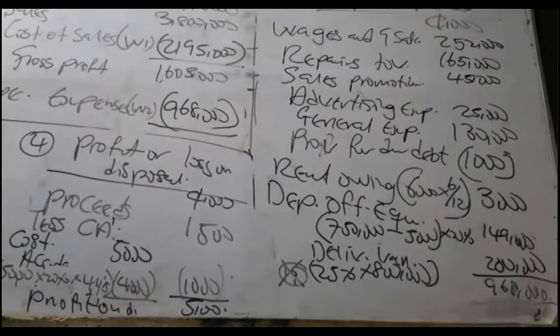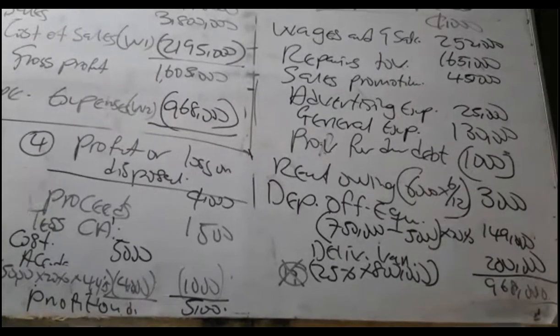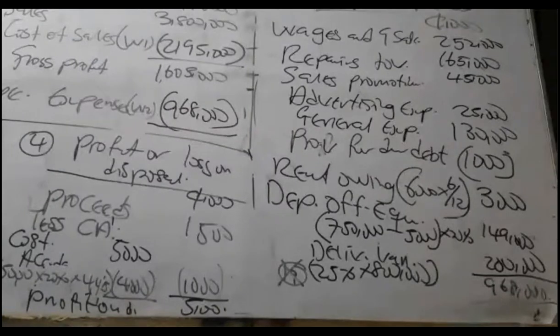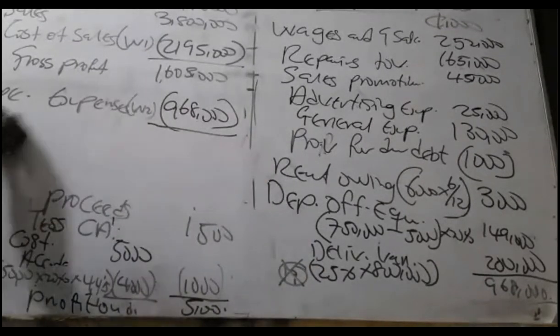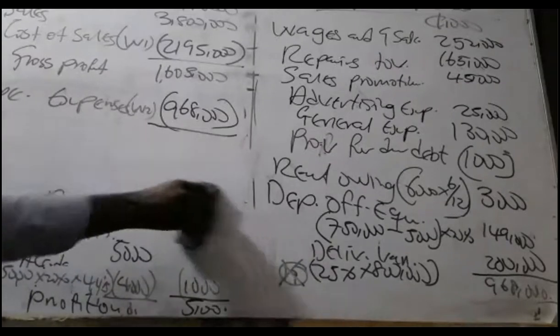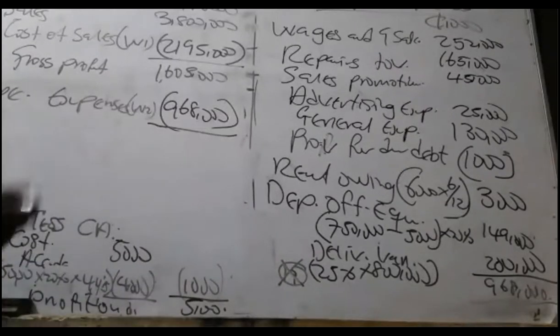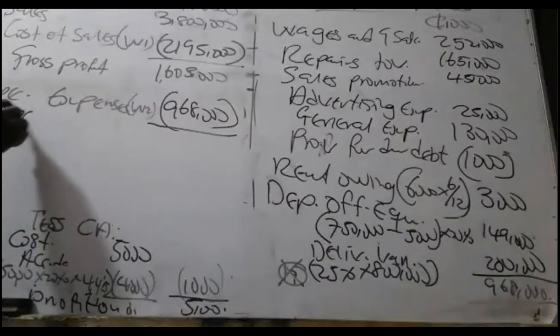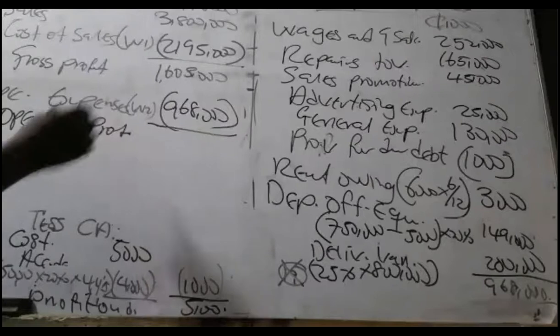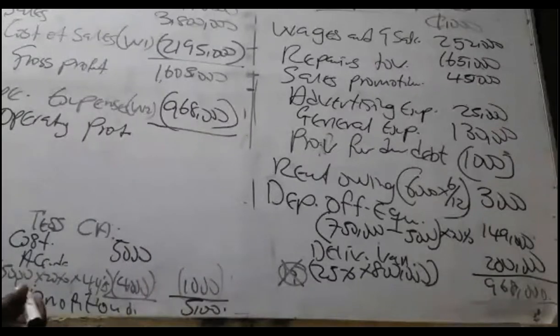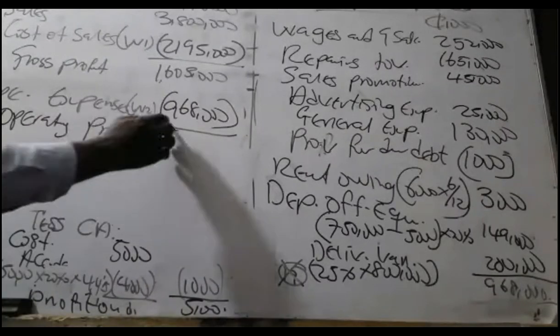So let me take this section off. Now you go to operating profit, in which we had 637,000.